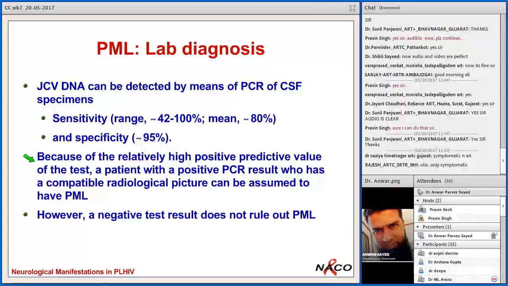Because of the relatively high positive predictive value of the test, a patient with positive PCR result who has a compatible radiological picture can be assumed to have PML. That is again just to ensure our diagnosis, but the treatment doesn't change. A negative test does not rule out PML.